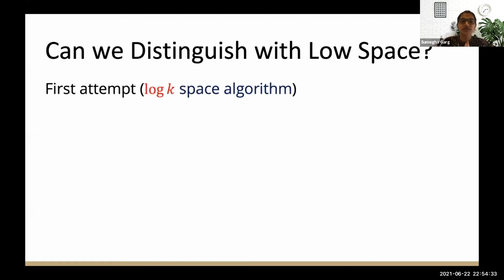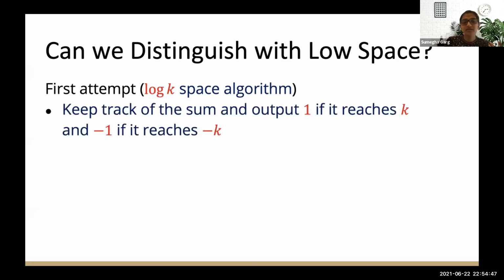Let's see a first attempt at a low space algorithm. I want to construct a log k space algorithm to distinguish between these two streams that have bias either towards 1 or minus 1. This algorithm just keeps track of the sum and outputs 1 if the sum reaches k at any point, and outputs minus 1 if it reaches minus k.